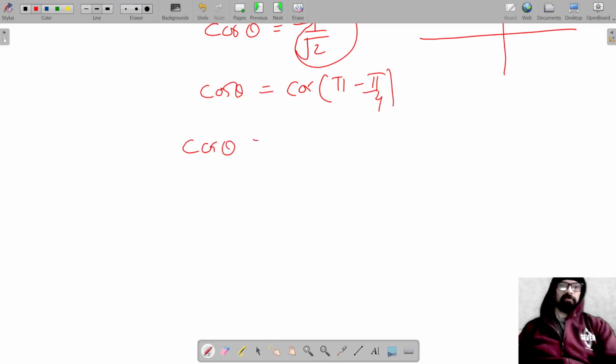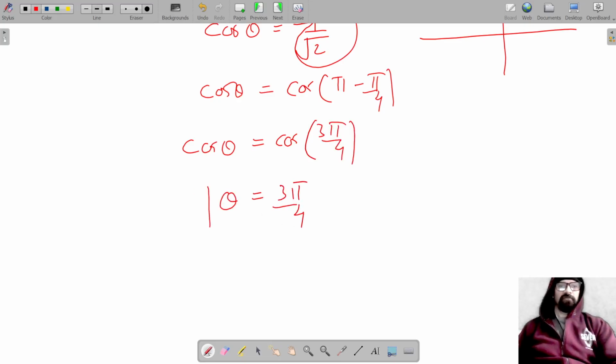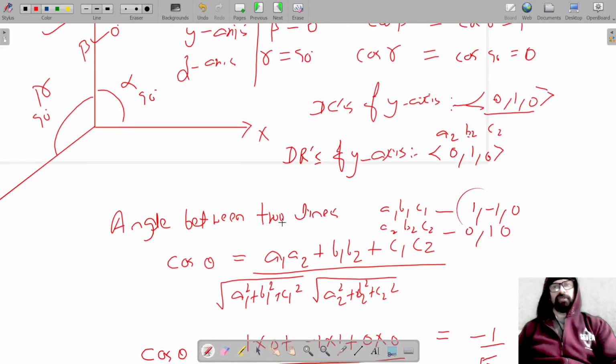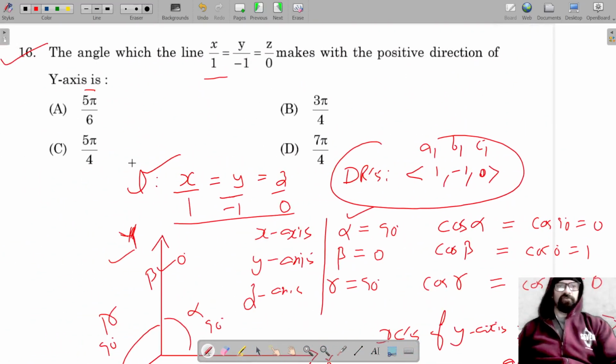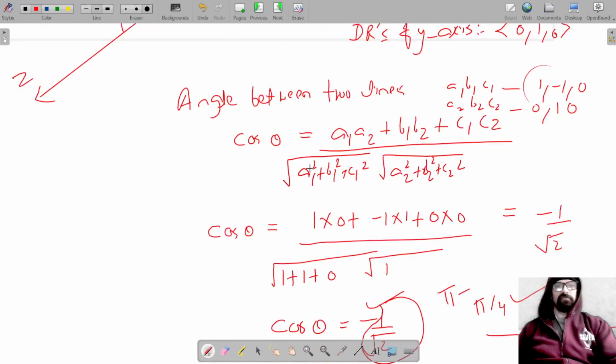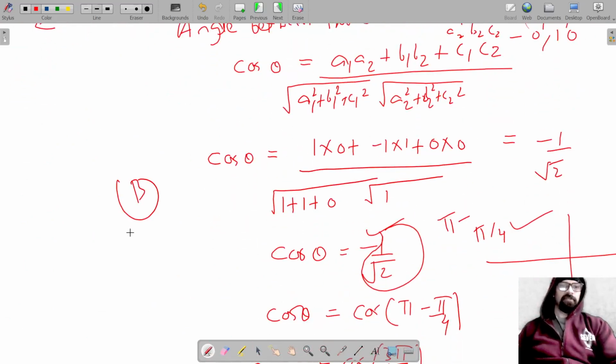So cos theta is equal to cos of 3 pi by 4, which means theta is equal to 3 pi by 4. That is the angle this line makes with the positive direction of y-axis, and our answer is B. So B is the correct answer for this one, 3 pi by 4.